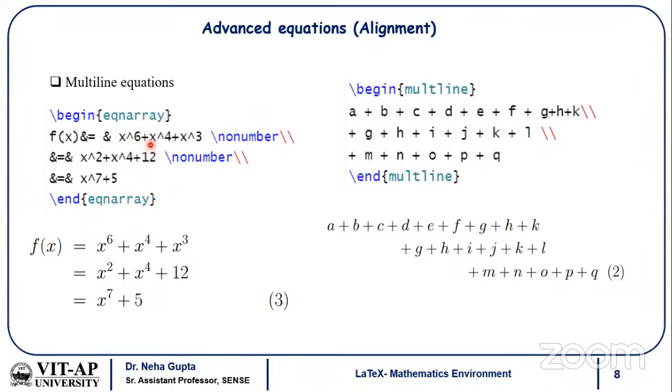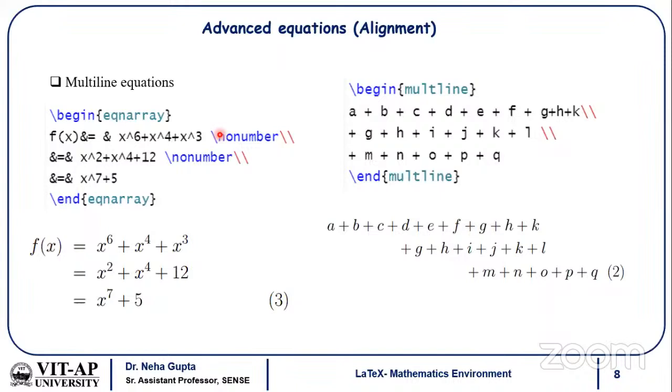Like, you have 3 lines, for all 3 lines you will get numbers, but I want a number only for the last one. For the final expression, I want to represent this as my equation number 3. So I'll keep this backslash nonumber command here, and it is going to remove the numbering of that equation.